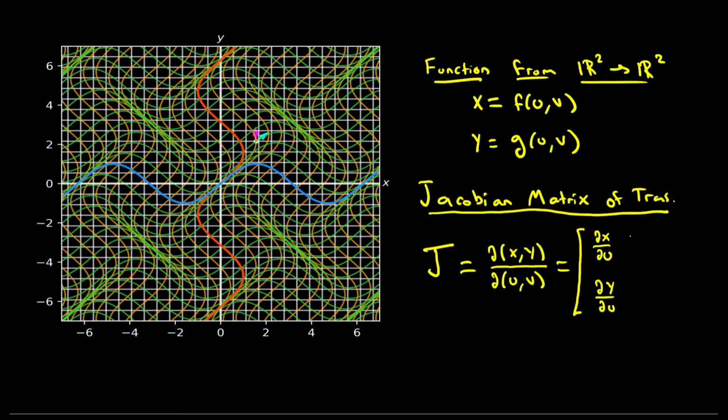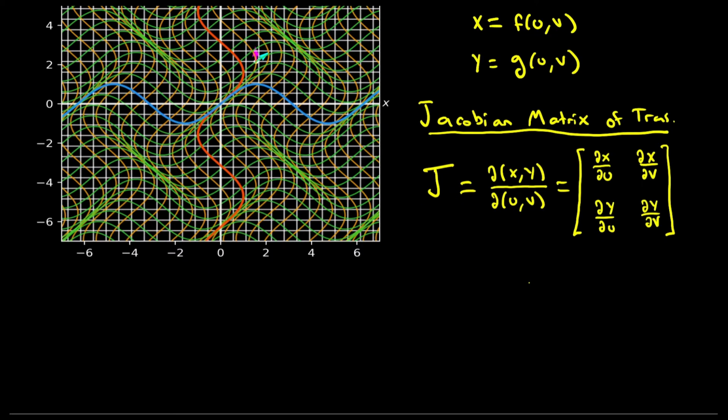And the second column is going to be the x partial derivative with respect to v, and the y partial derivative with respect to v. And this is probably one of the most common ways of writing down the Jacobian matrix.